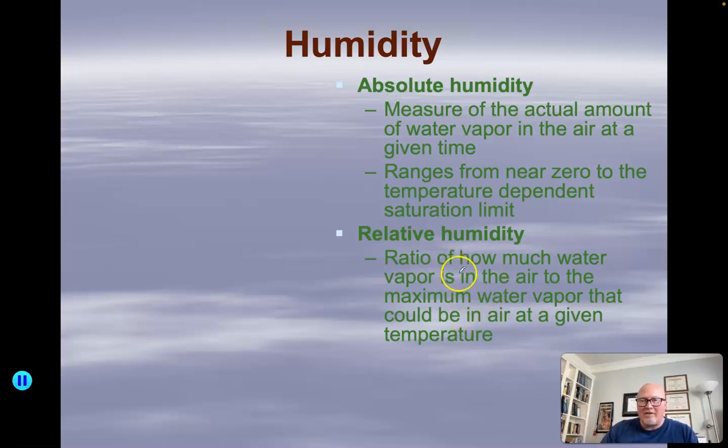You have to think about relative humidity as kind of like your grade: the total amount of points that you earned divided by the total amount of points that you could have earned. And so for relative humidity, as the temperature is warmer, this is going to have an effect on what the relative humidity is, because with warmer temperatures, we've increased the amount that can be held in the atmosphere.